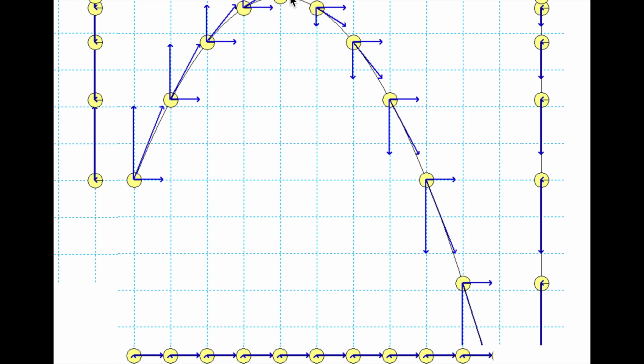Does anyone remember that term? Anyone? Show of hands. Come on, guys, I know what this is. Yeah, that's right. It's called tangent. The resulting vector is tangent to the arc.